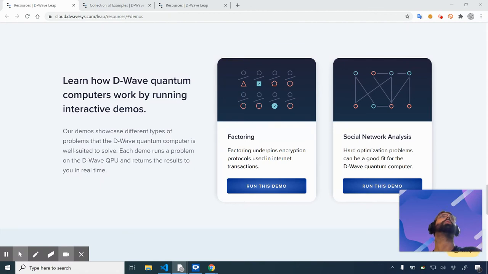So github.com, we're going to create a repo. I'm going to create a new repo called portfolio optimization D-Wave, and we're going to create that repository.